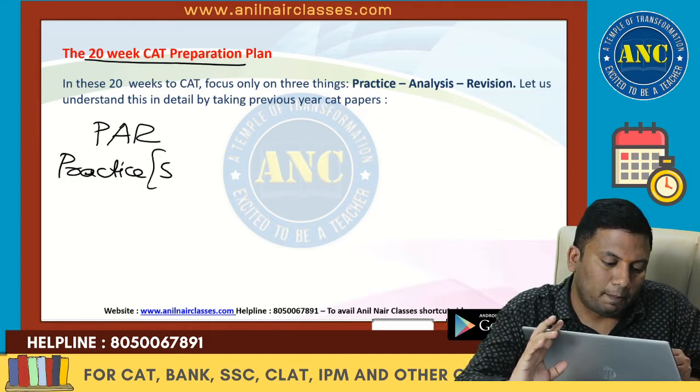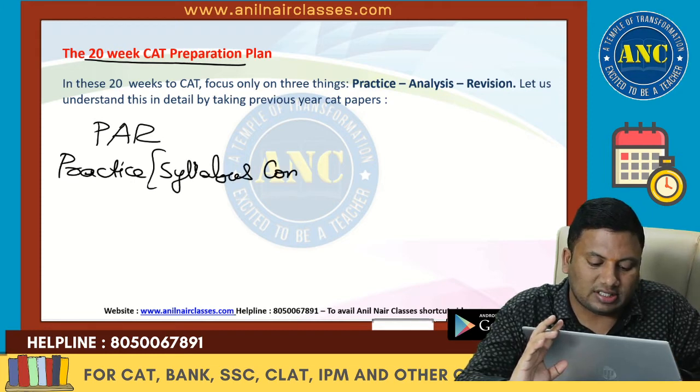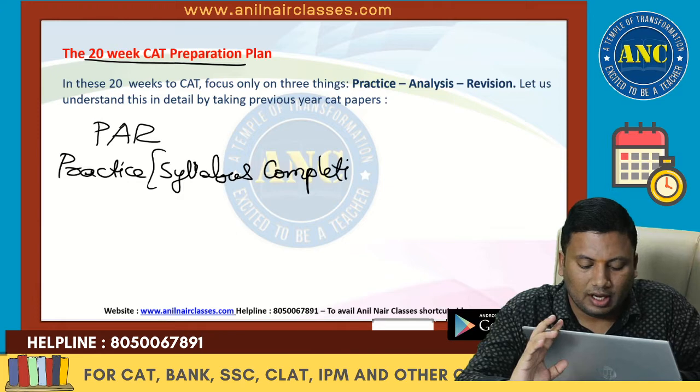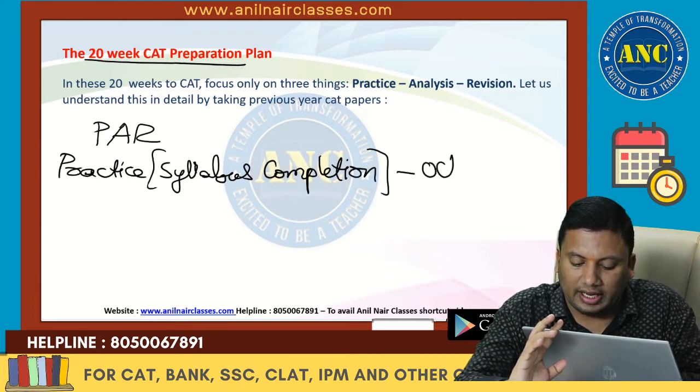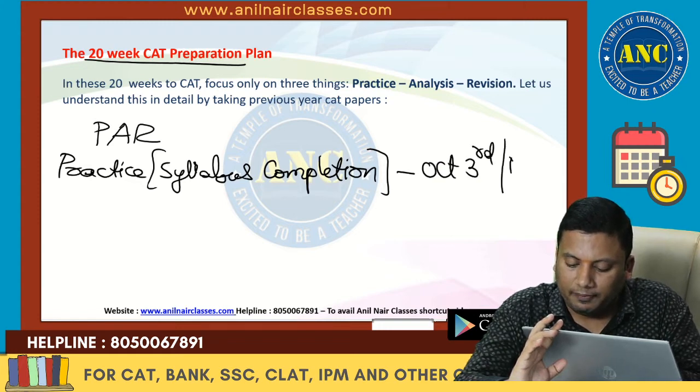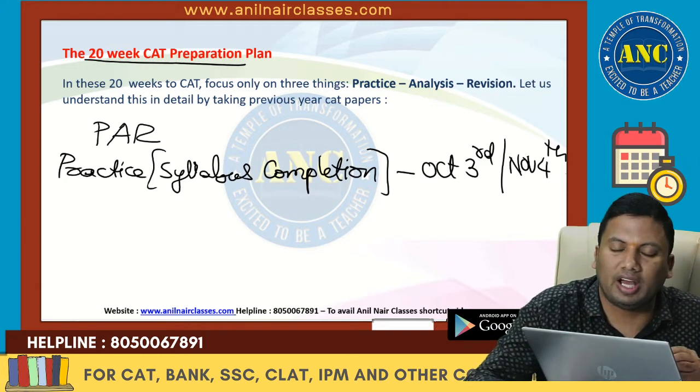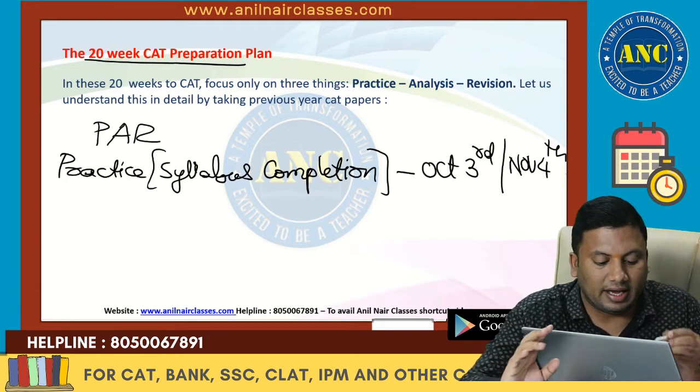You should complete the syllabus, all the subtopics and concepts, by the third week of October or the fourth week of November, exactly 3 or 4 weeks before the CAT examination.